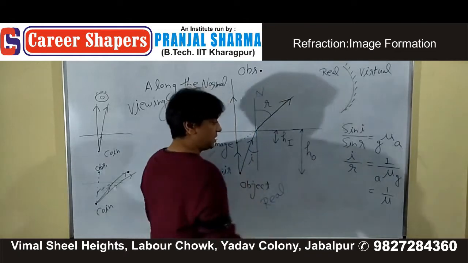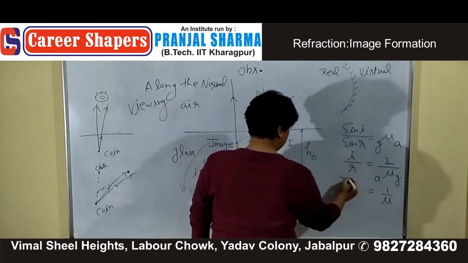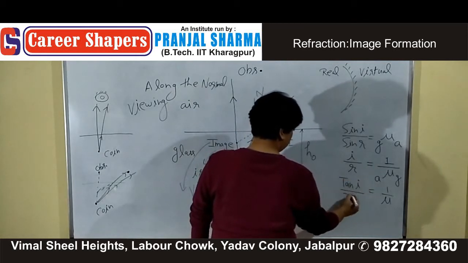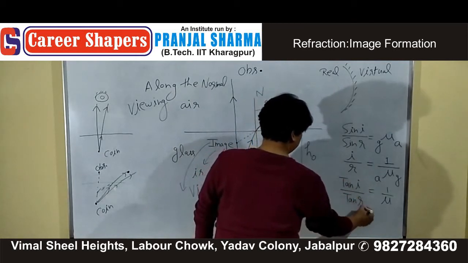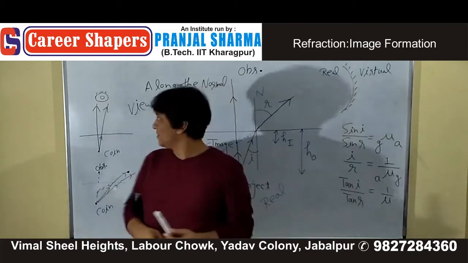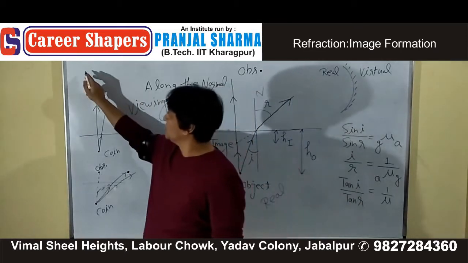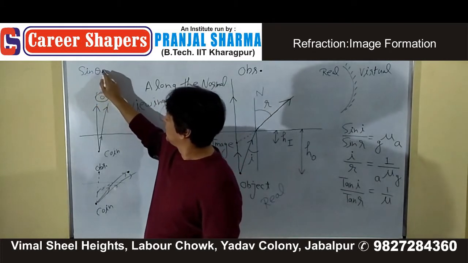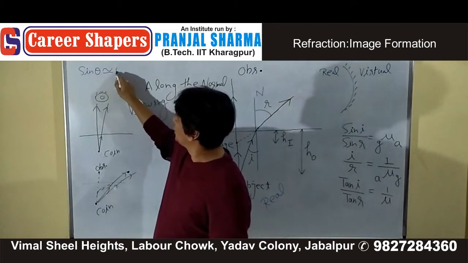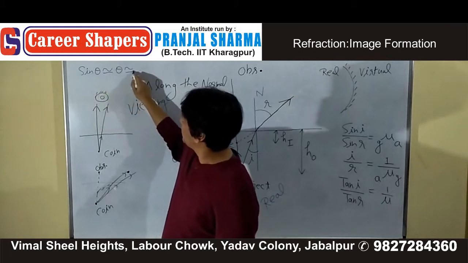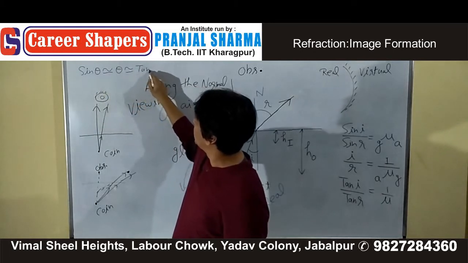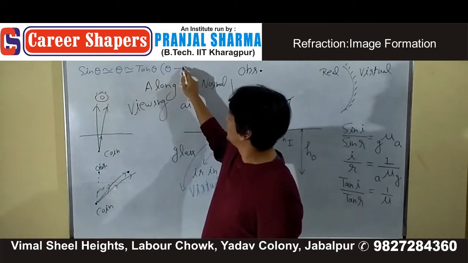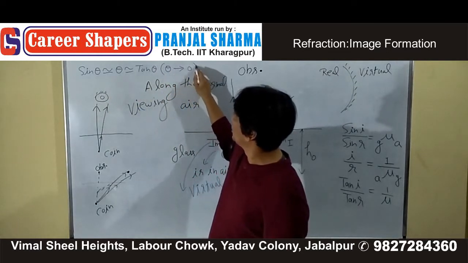And again, this I can be replaced with tan I, and R can be replaced with tan R. What is happening? Sin theta can be approximated with theta, which can be approximated with tan theta, provided theta tends to 0.